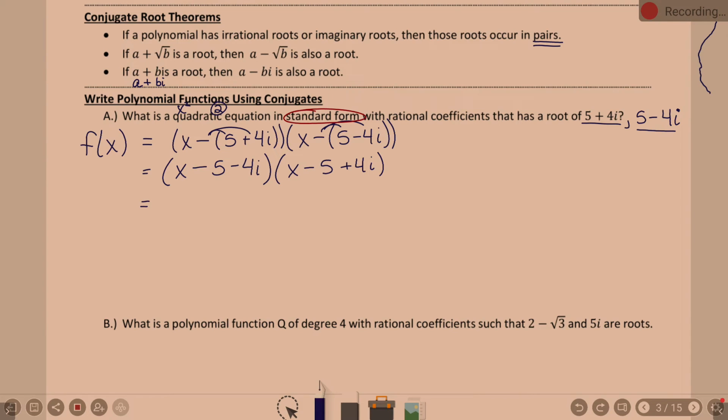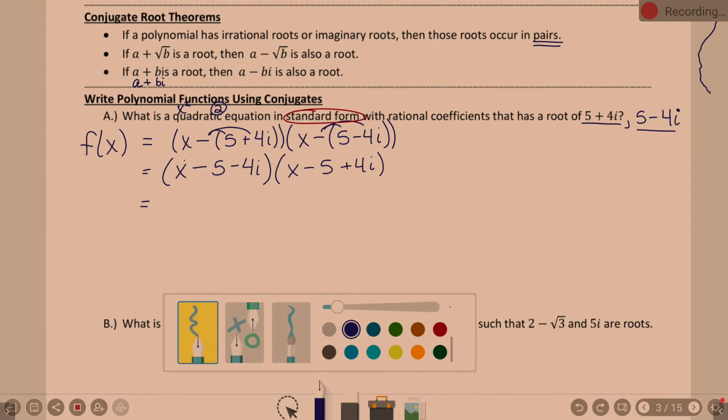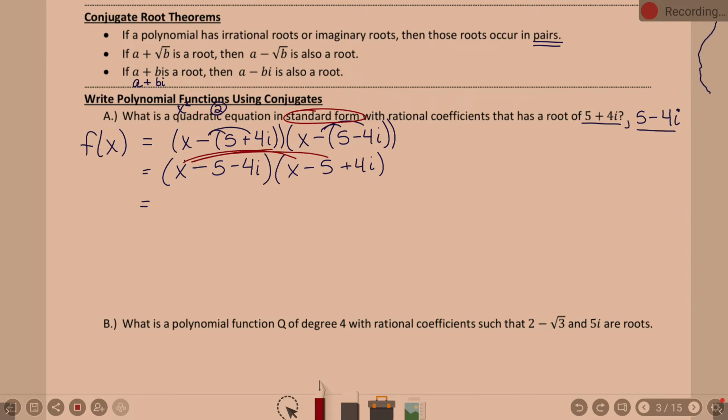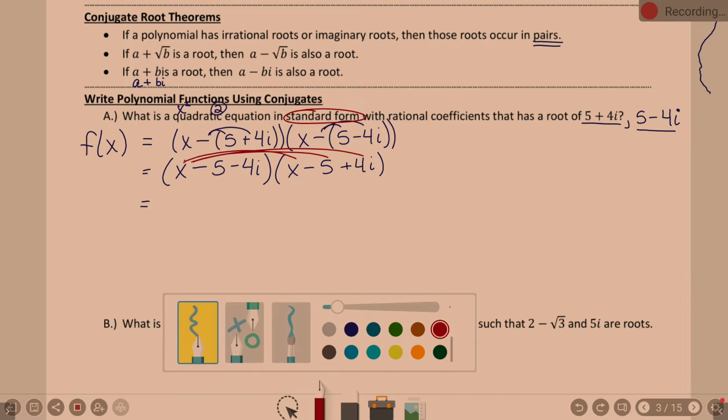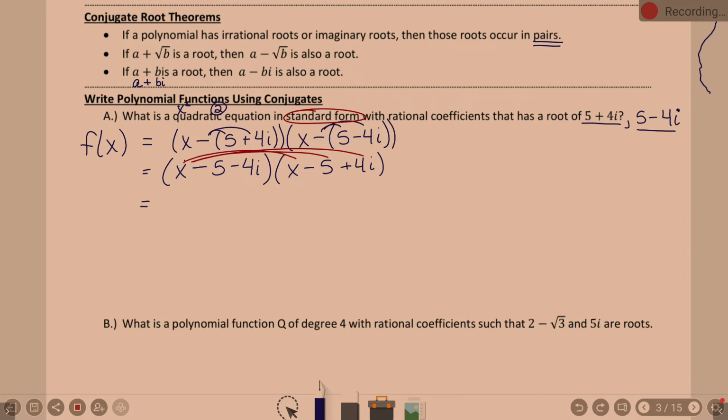So, I'm going to start with this x here. I'm going to take this x and multiply it by everything in the next parenthesis. It's like a big old FOIL problem, but extra big. So x times x, x squared.